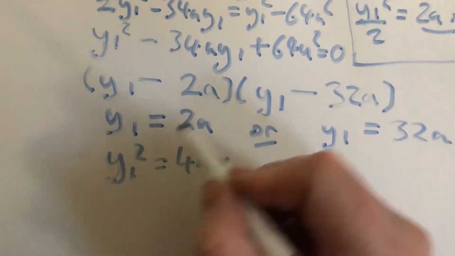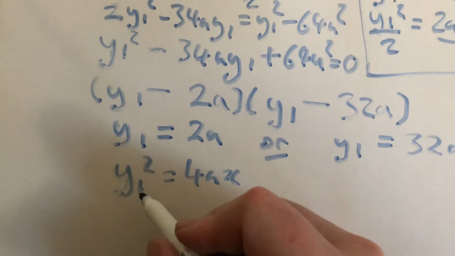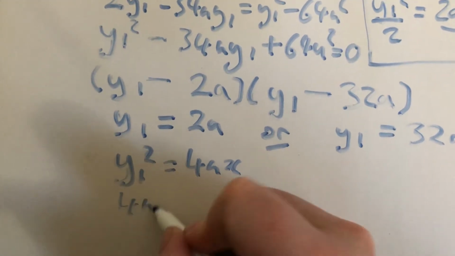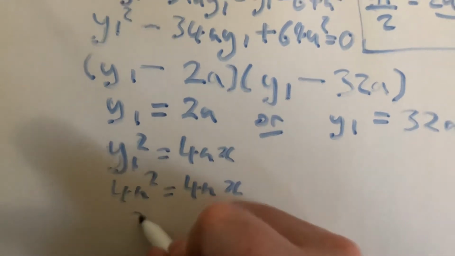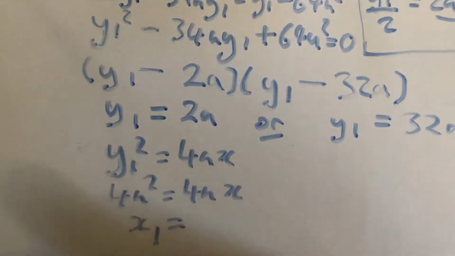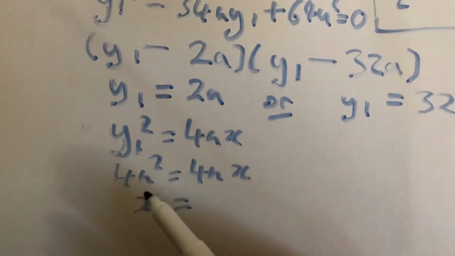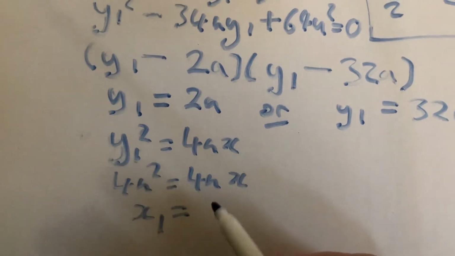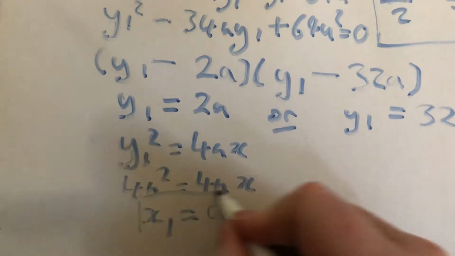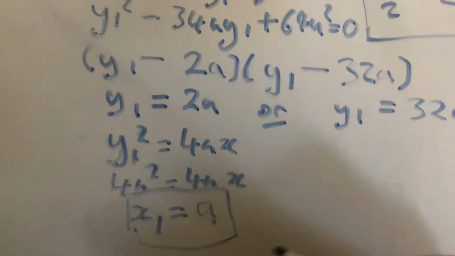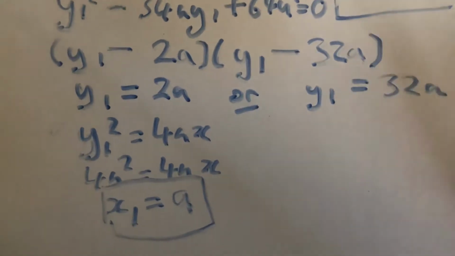So y1 is equal to 2a. So 4a squared is equal to 4ax, and so x1 is going to be equal to 4a squared divided by 4a, which is equal to a. So where y1 is equal to 2a, x1 is equal to a.